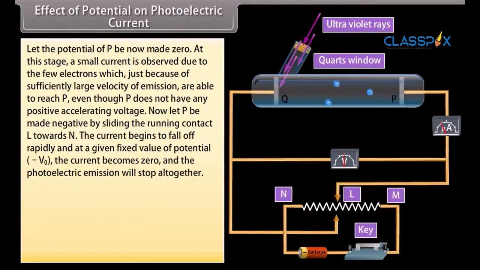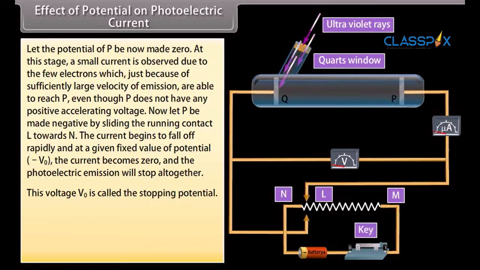Let the potential of P be now made zero. At this stage, a small current is observed due to the few electrons which, just because of sufficiently large velocity of emission, are able to reach P, even though P does not have any positive accelerating voltage. Now let P be made negative by sliding the running contact L towards M. The current begins to fall off rapidly, and at a given fixed value of potential, minus V0, the current becomes zero, and the photoelectric emission will stop altogether.